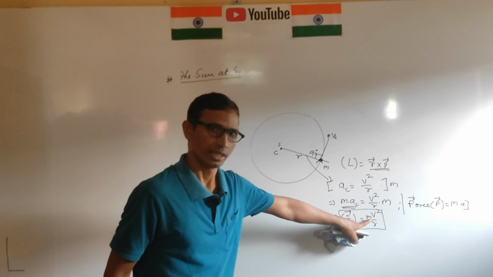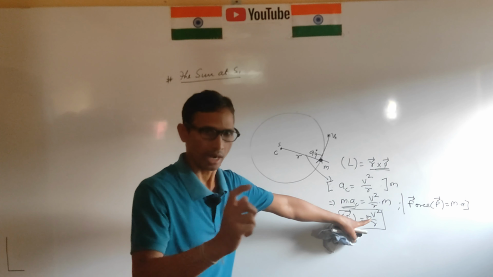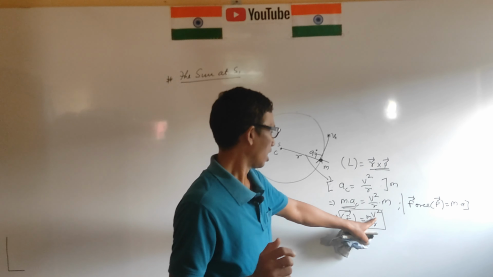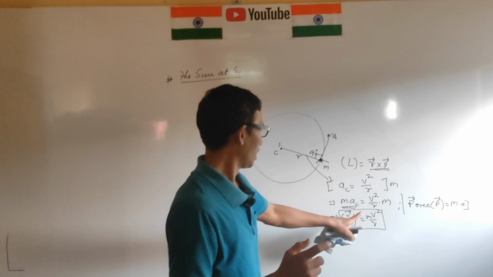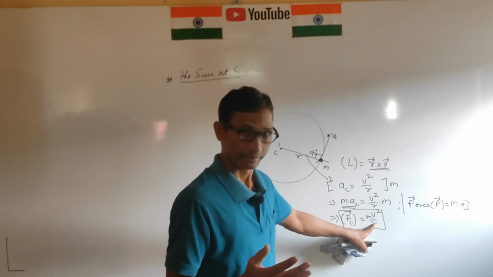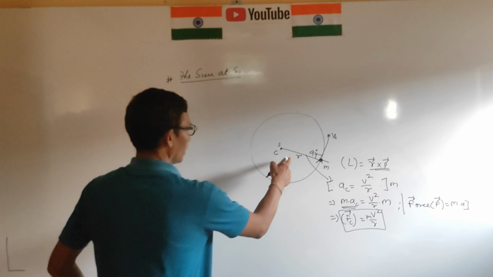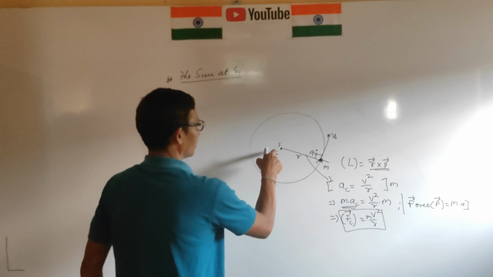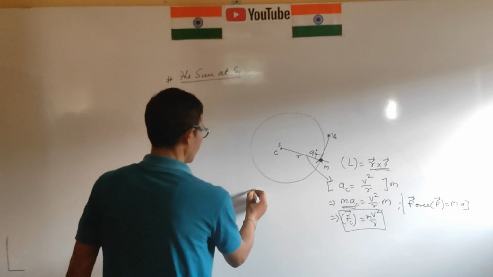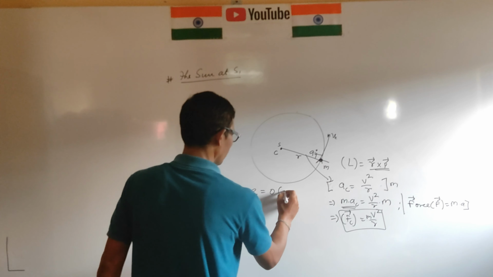M is the mass, the mass of the body moving around the circular path or around our sun, and v is the velocity of the moving body, and r is the radius. If the eccentricity e equals 0, then it will be the circular path.